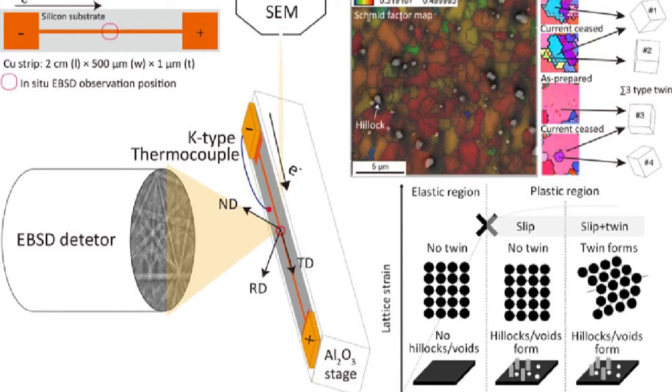grain size. In this study, characterization based on scanning electron microscopy, known as SEM, electron backscatter diffraction, EBSD, and synchrotron radiation based X-ray diffraction were performed to study the morphological and crystallographic evolution of copper strip under electric currents.